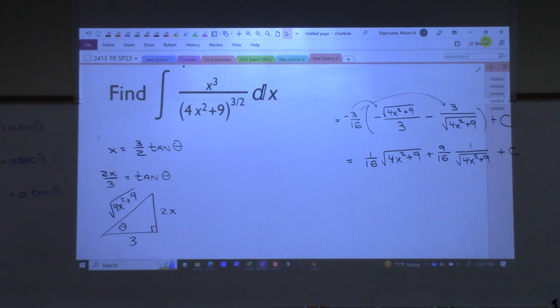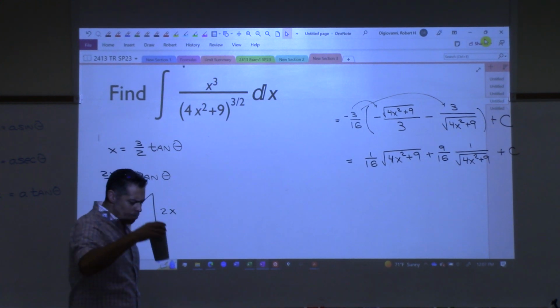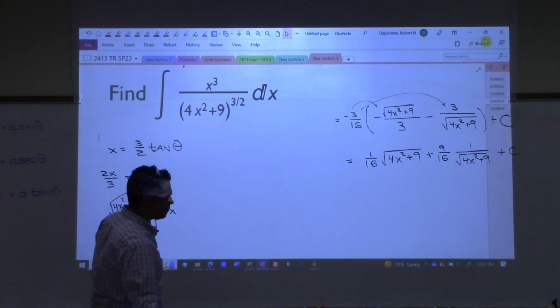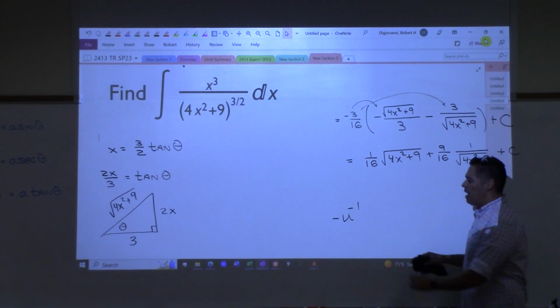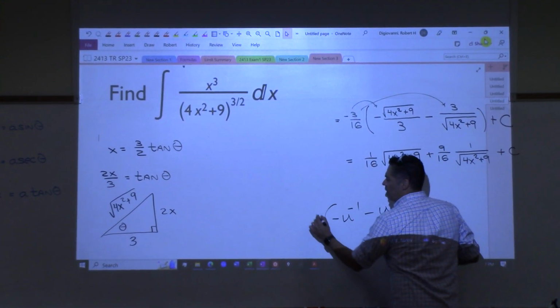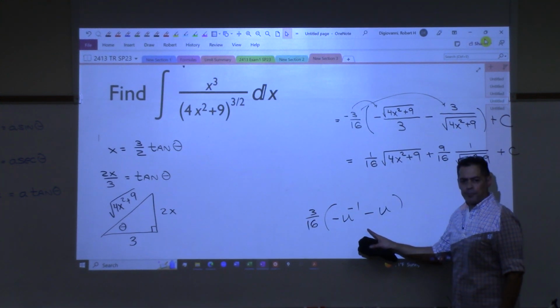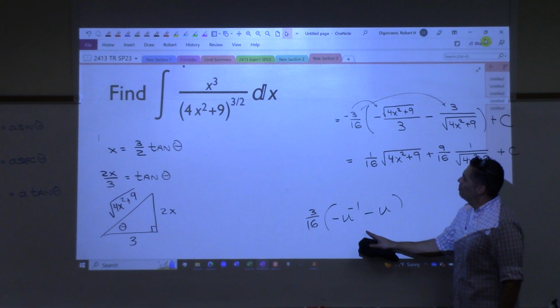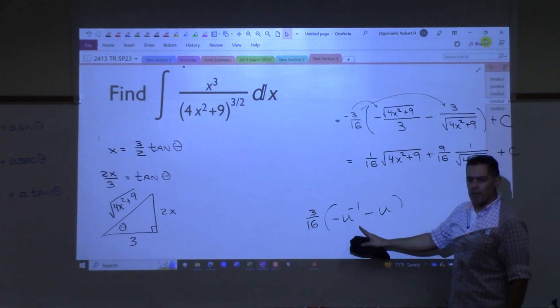How did that first term in the parentheses become negative? I erased it. We had negative u to the negative 1 on our antiderivative minus u. Then in front, I think we had 3 over 16. Do you see that line? Are you asking about the 3 over 16 being negative, which you got from cosine? No, the negative u to the negative 1.